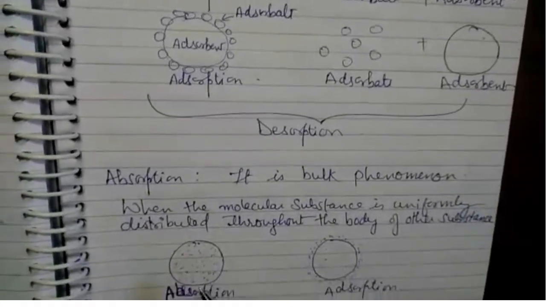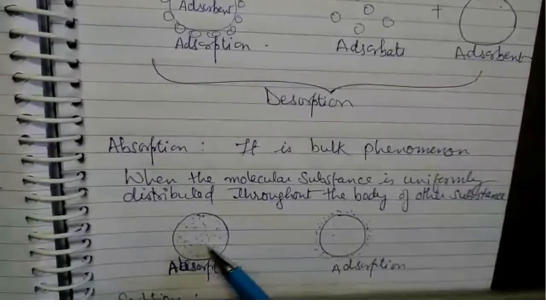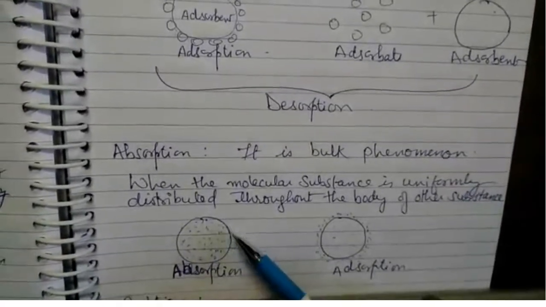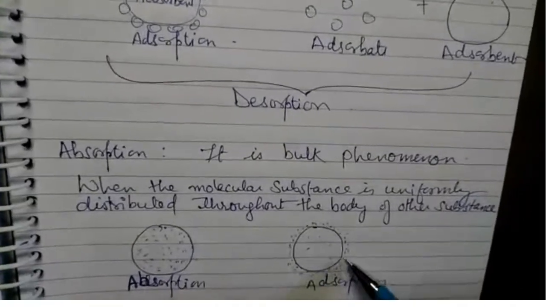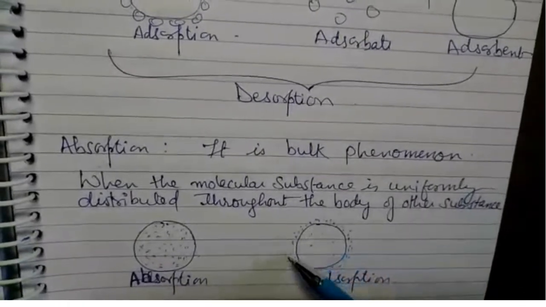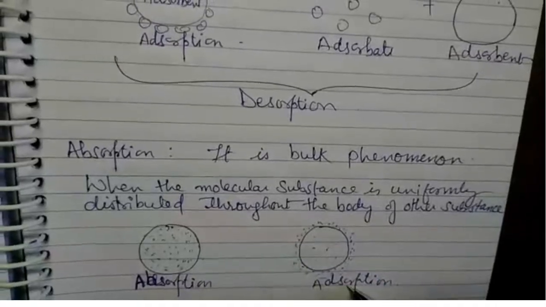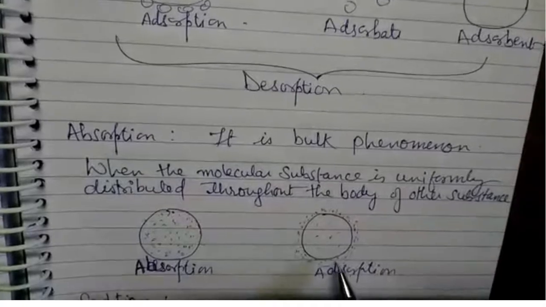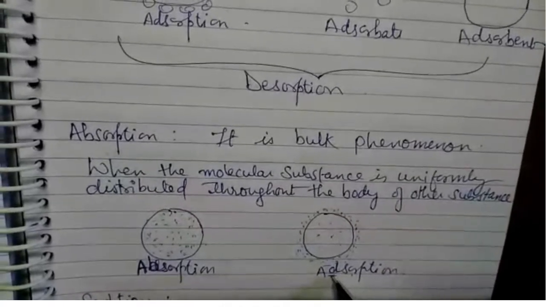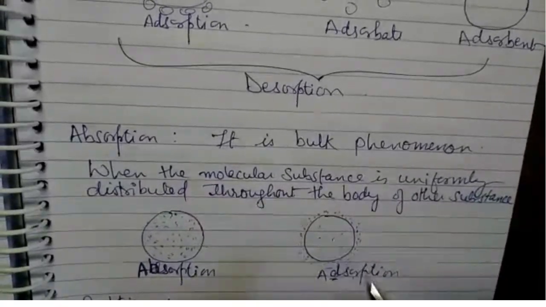See here, the concentration is more in the bulk than on the surface. This is absorption, whereas here the concentration of the molecular species is more on the surface than in the bulk. This process is adsorption. So absorption is a bulk phenomenon, whereas adsorption is a surface phenomenon.